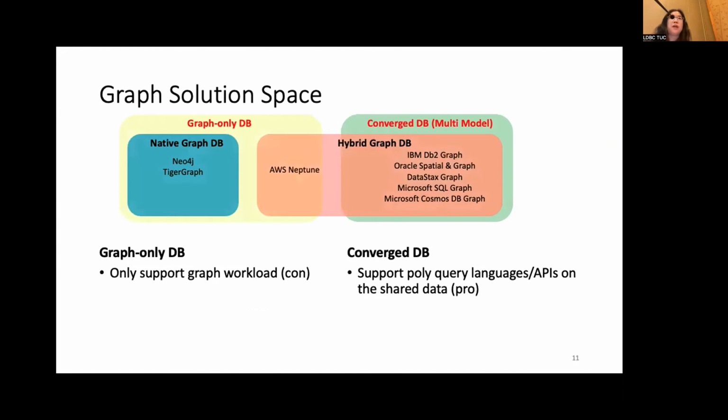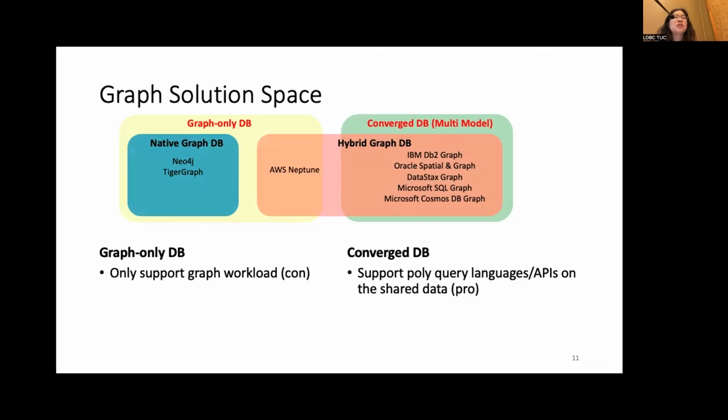Another way to look at the graph solution space is graph-only databases versus converged graph databases. All the native graph databases obviously fall onto the graph-only database camp, and most of the hybrid graph databases are converged databases, or sometimes people call them multimodal databases. Graph-only databases, obviously, only support graph workload.